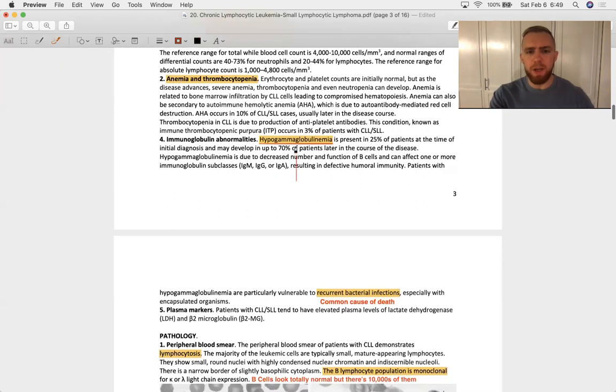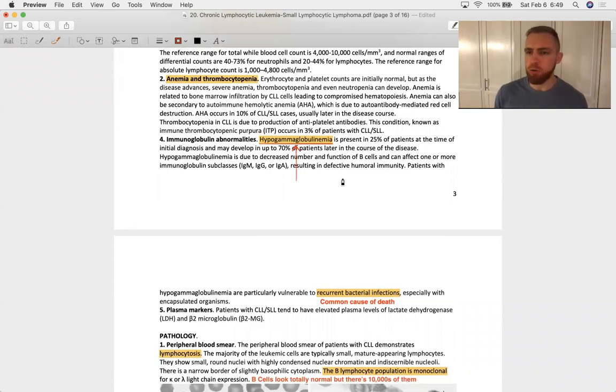You see cytopenias, but this is very important. You also see hypogammaglobulinemias in CLL, SLL, because these are mature B cell cancers. So if the B cells that you have aren't working, then you won't be able to fight off infections.